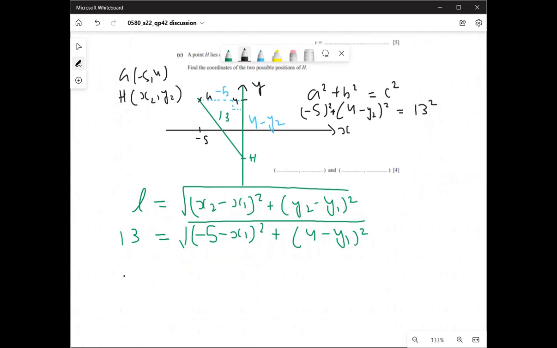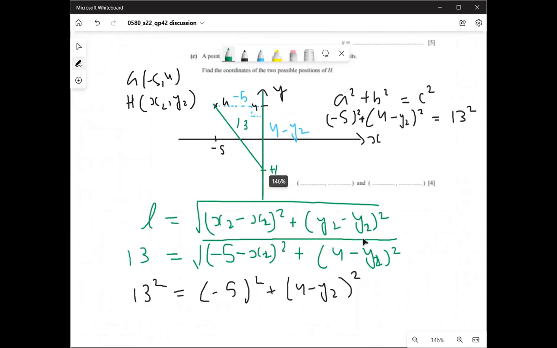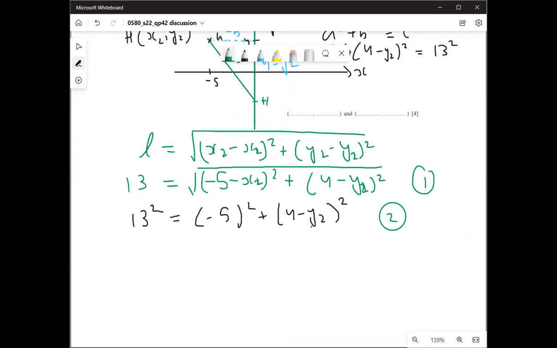We get a new equation now: 13 square is equal to minus 5 squared plus (4 minus y2) squared. That's it. Now, because of these two equations, we can solve this question. We have two equations, 1 and 2.